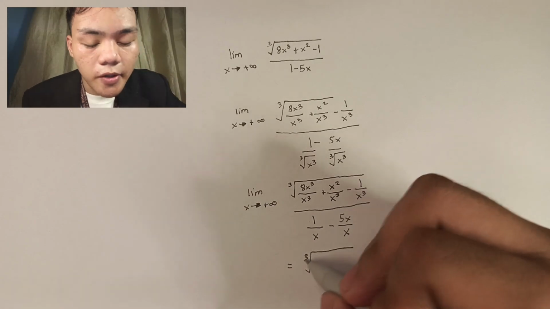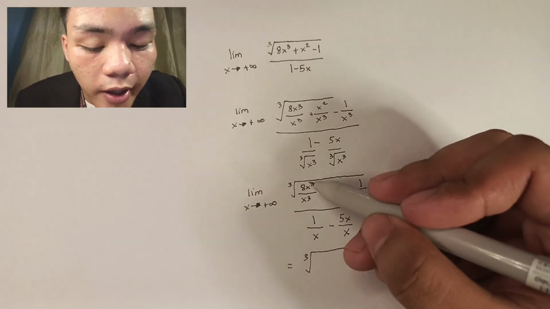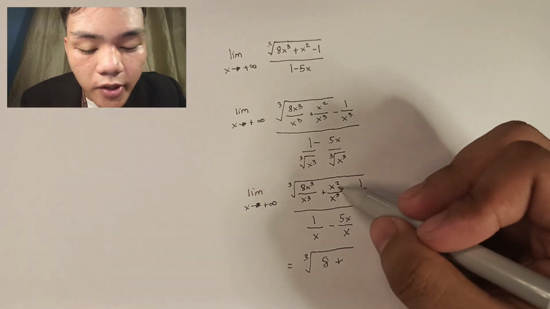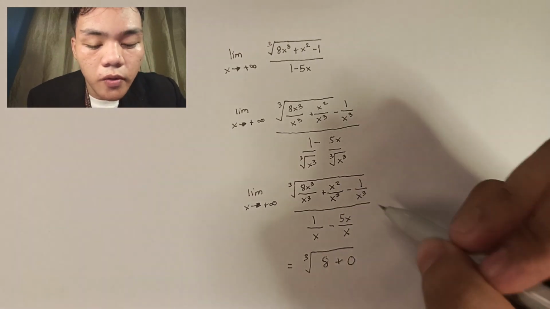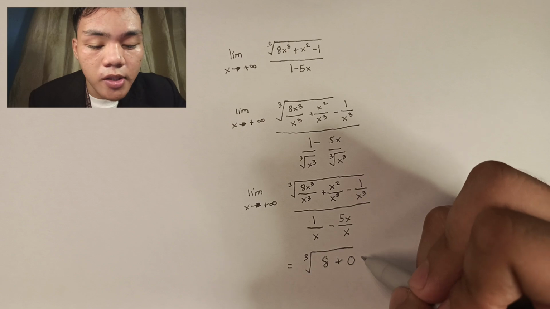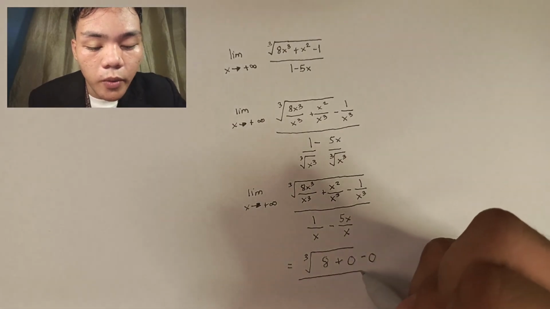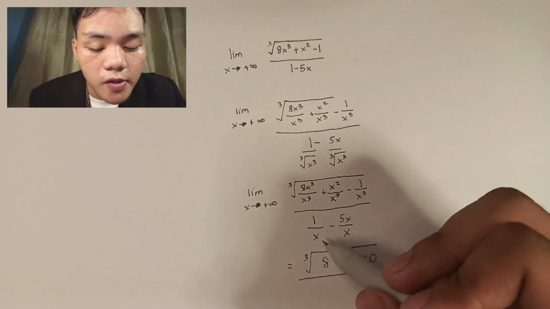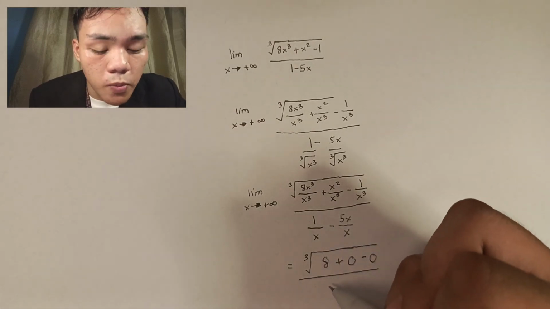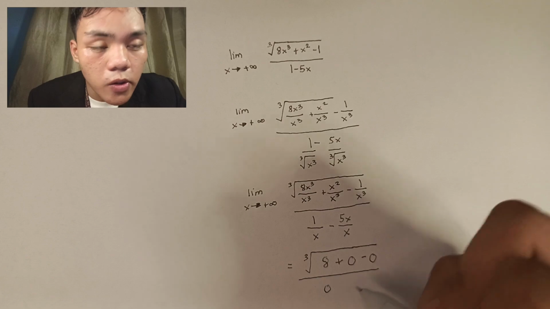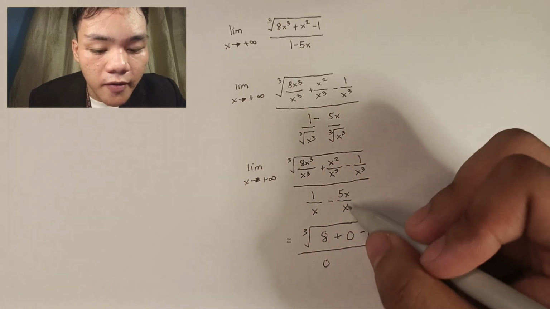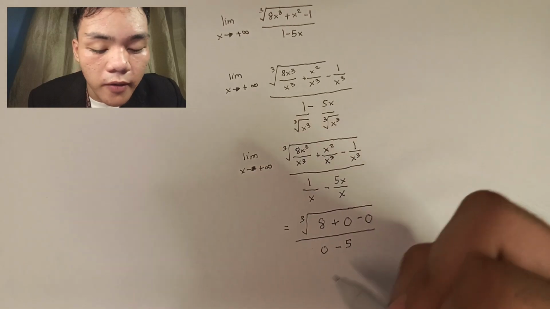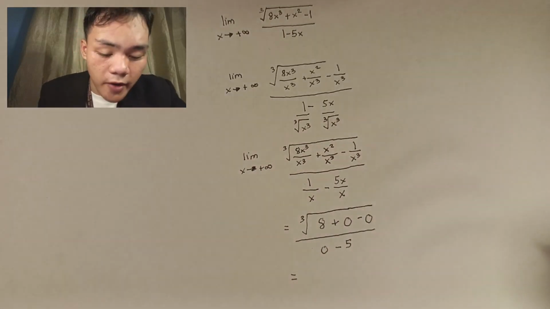So to answer this, we'll get 8x cubed over x cubed. They have the same degree, so we'll use the leading coefficient, which is the number 8, and we get x squared over x cubed. We all know that's 0, minus 1 over x cubed is also 0. So over 0 minus 0, 1 over x is equal to 0, while 5x over x is equal to 5.